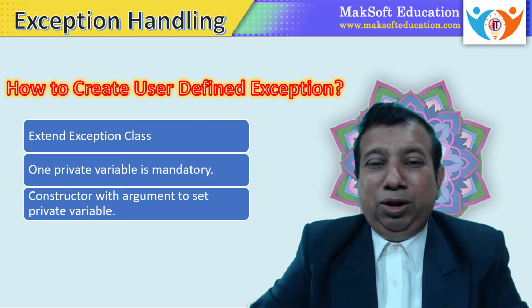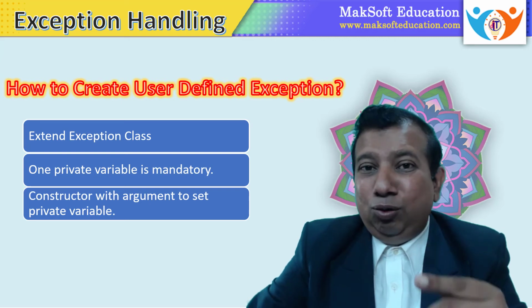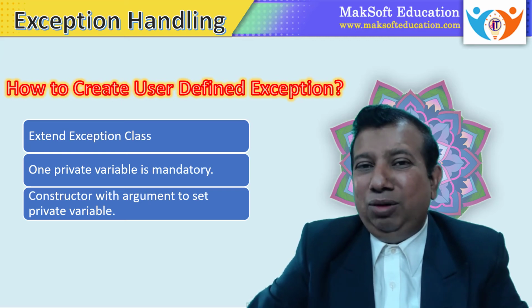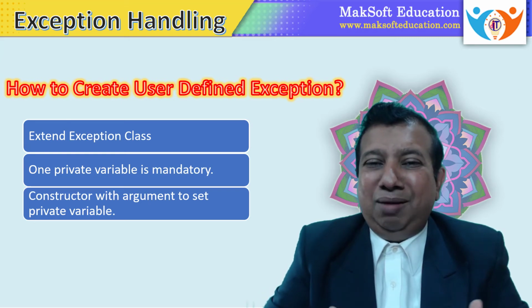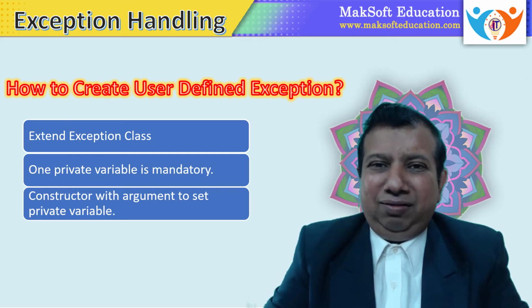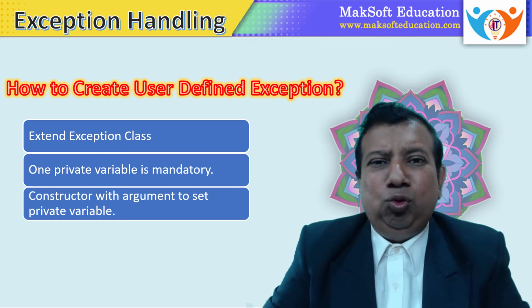So when you are creating an exception programmatically, you have to pass the reason, and that reason will be stored in that private variable. If your private variable is of type String, then you can pass a reason as a String, and that will be stored in the private variable.